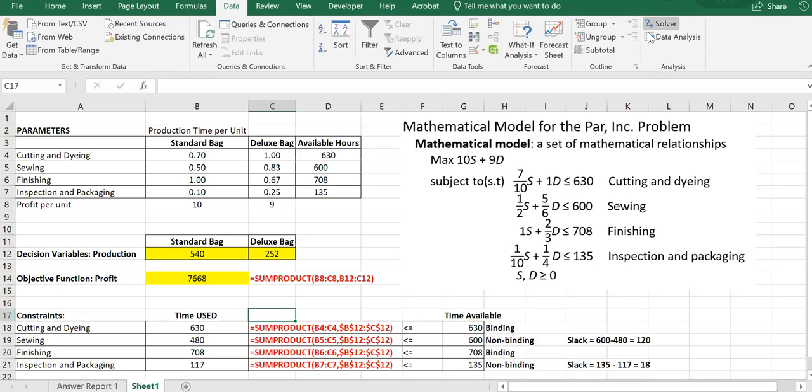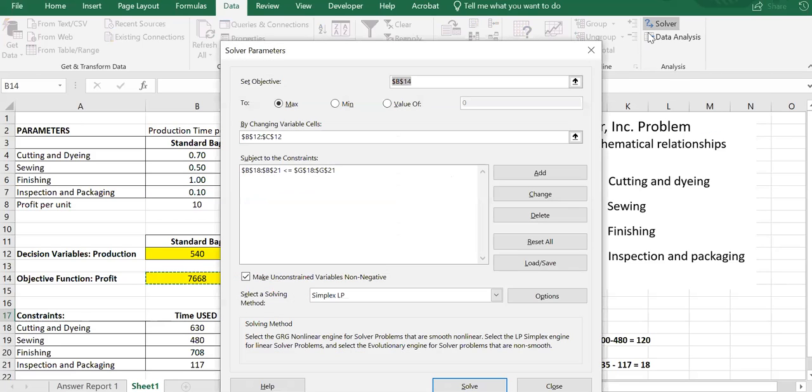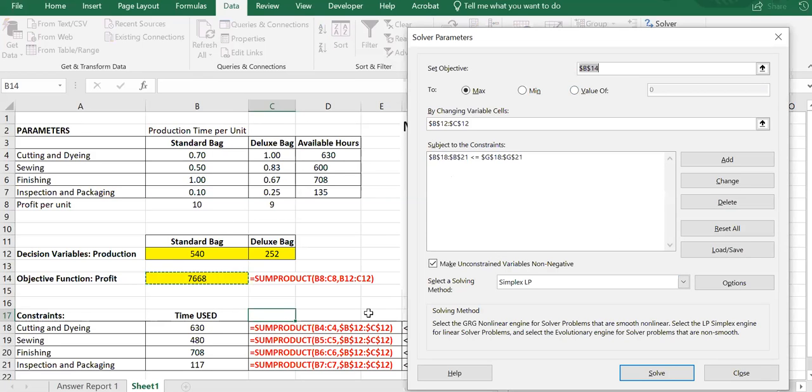I just go to the solver, and if you're using the same file that I'm using right now, since we've solved it before, all the solver setup should be saved by default. Everything that we have done is in here. So I'm not gonna make any changes. The only thing that I'm gonna do is to press solve.